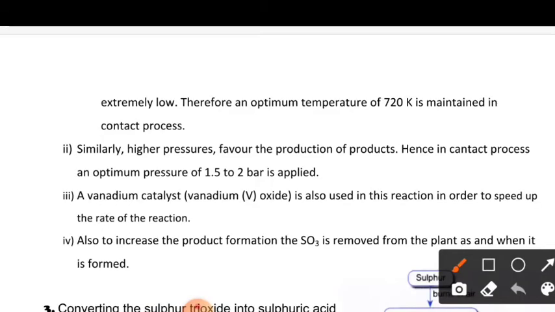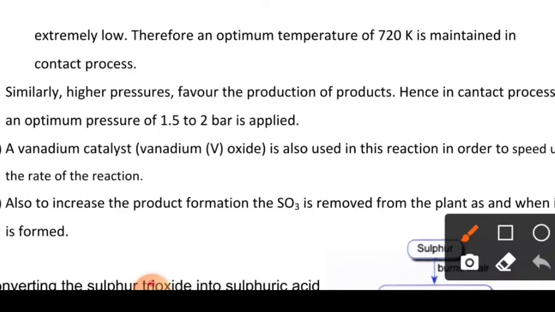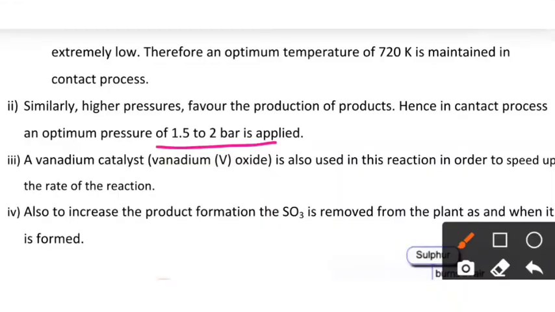The second condition, high pressure. Similarly, high pressure favors the production of product. From the equation we can understand that an increase in pressure favors the forward reaction. In the contact process, around 1.5 to 2 atmospheric pressure is applied and maintained throughout the process. Use of a catalyst favors the forward reaction.